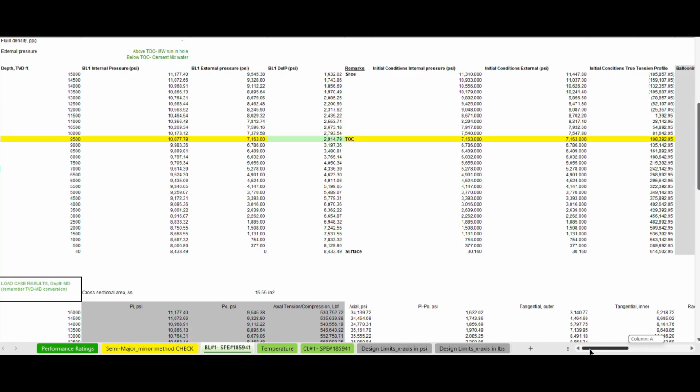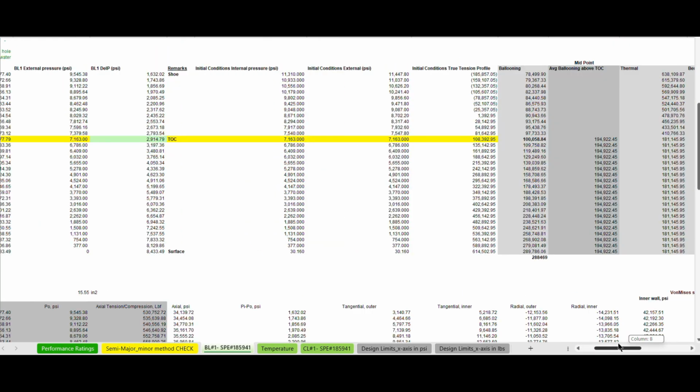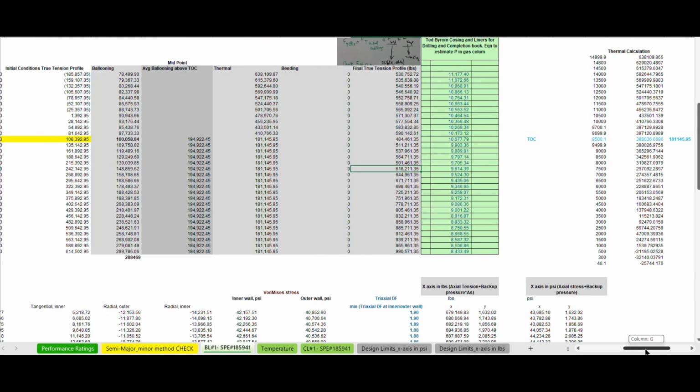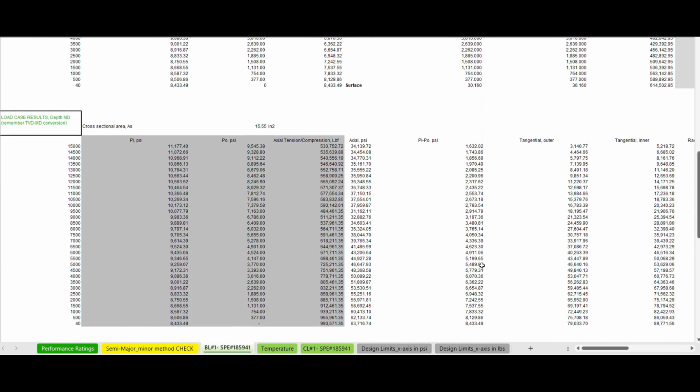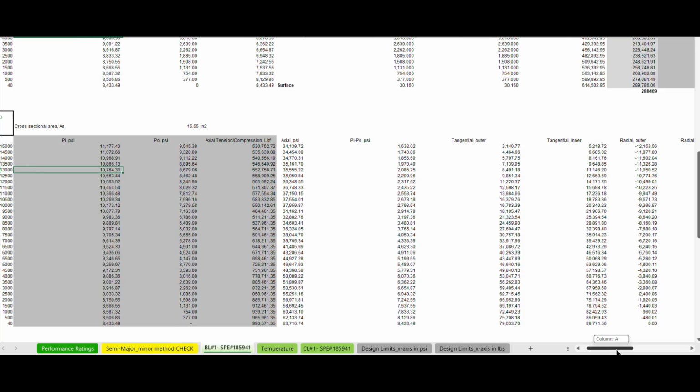So now we have a delta P and we have a true tension profile. At the bottom part, I take the same values from below and above, and then I calculate the principal stresses on this column.